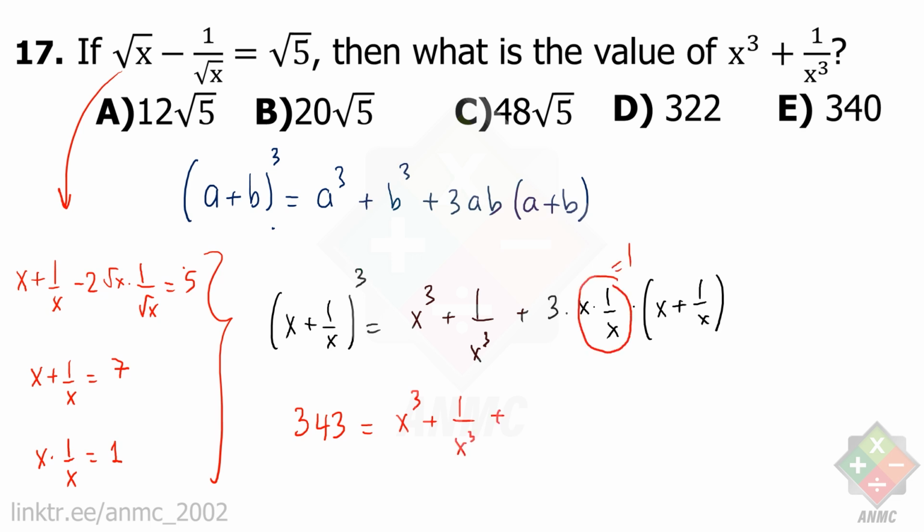It is 1. 3 times 1 times 7. And what are we looking for? x cubed plus 1 over x cubed is equal to 343 minus 21, and it's equal to 322. The answer is D.